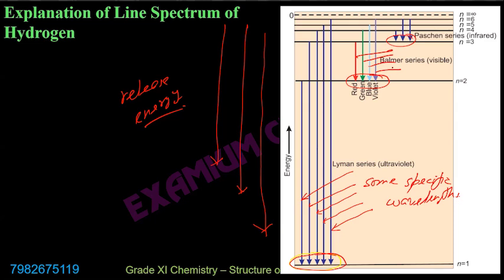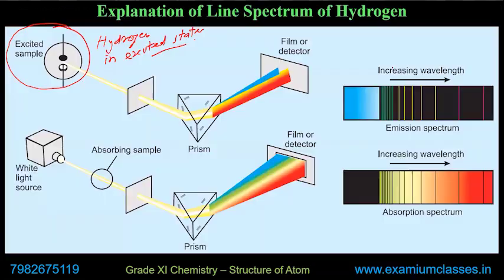So they will release some energy. Each line corresponds to release of energy because this is a transition from a higher energy state to a lower energy state. Those energies are separated by a prism so that we can clearly see them. Otherwise, we will not be able to see these.